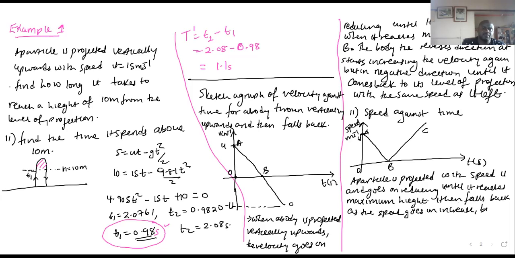But since speed is a scalar, the graph is not reflected in the negative.